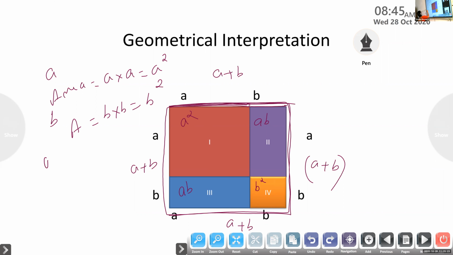If the side is A plus B, what is the area? Area is A plus B into A plus B, which is A plus B the whole square. So the area of the total figure is A plus B the whole square.